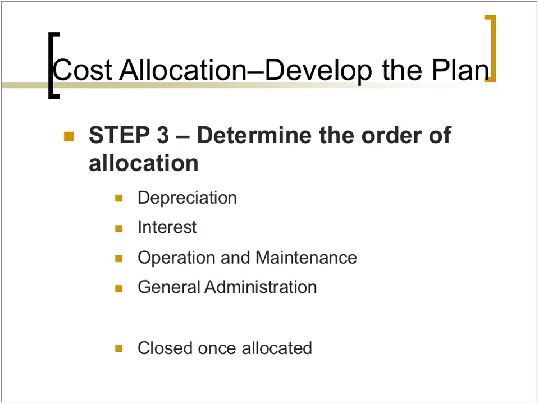Step 3 in our plan is to determine the order of allocation. Now, once again, there's no right answer, but I would tell you that the order in which our expenses are allocated does matter and does impact the bottom line, as we note here on the bottom.